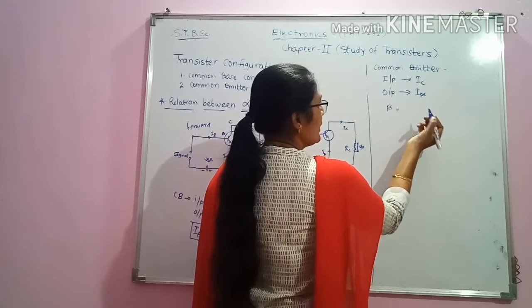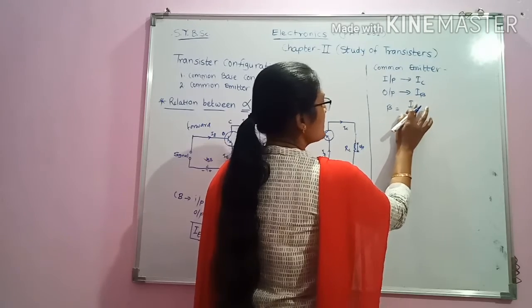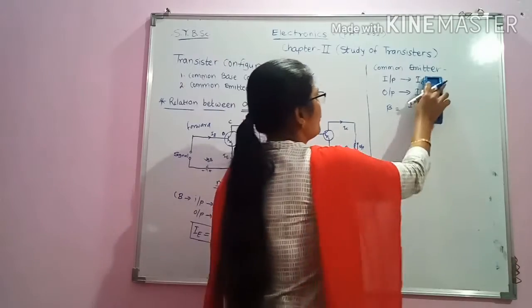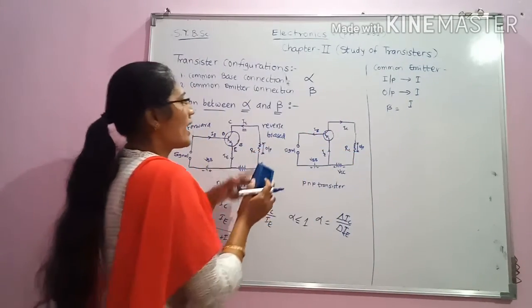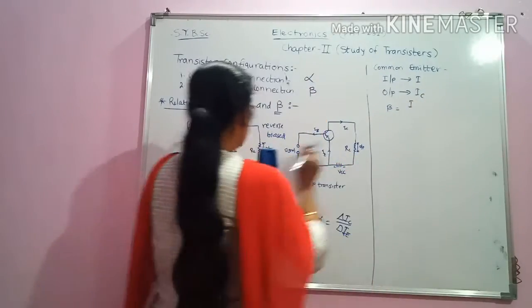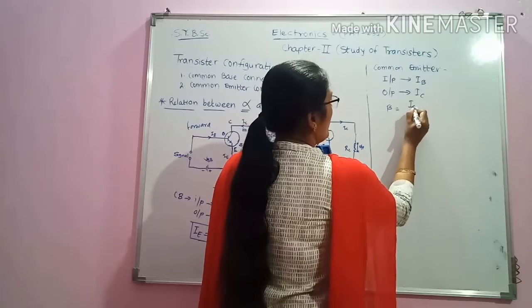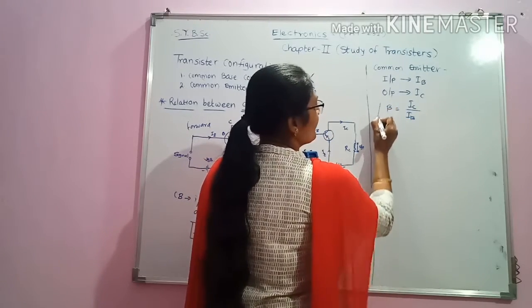Beta is nothing but the ratio of output current to input current, output current is IC and input current is IB. So beta is nothing but IC upon IB.